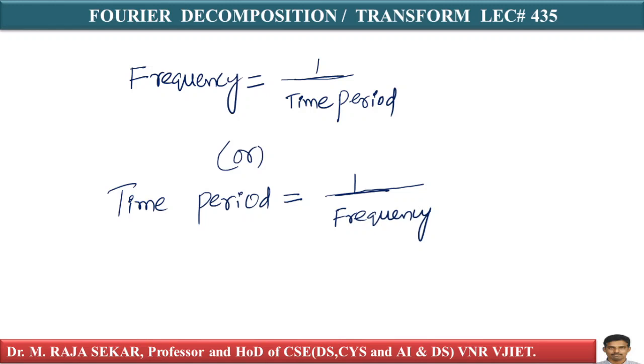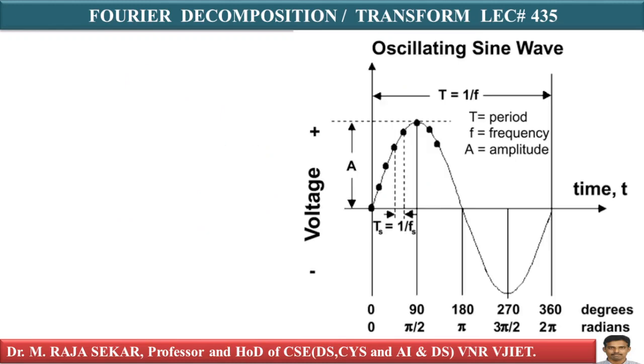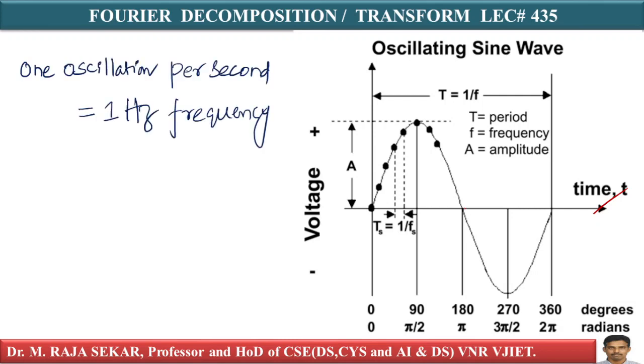For example, assume this is my time axis. If a wave makes one oscillation per second, then it is said to have 1 hertz of frequency.